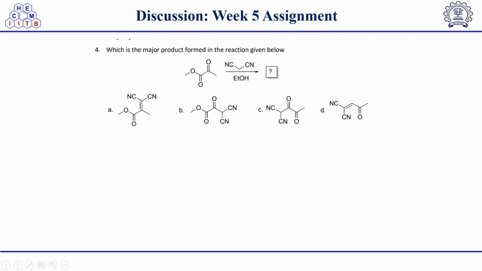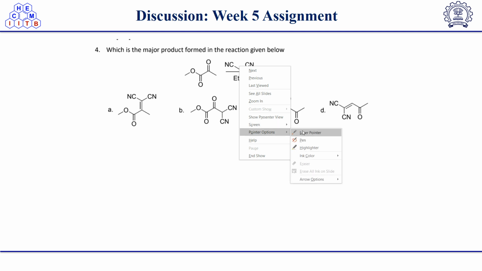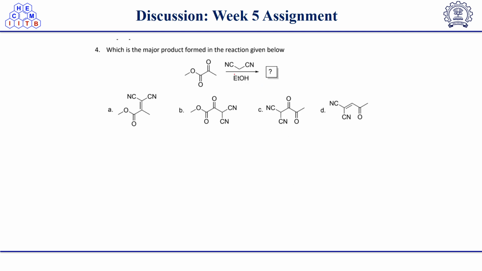So here what will be happening is that it is a type of 1,2 addition of this compound into this carbonyl carbon. So a proton will be abstracted from this position, that is here, and it will attack this carbonyl center here, and this will be converted into the corresponding alcohol.